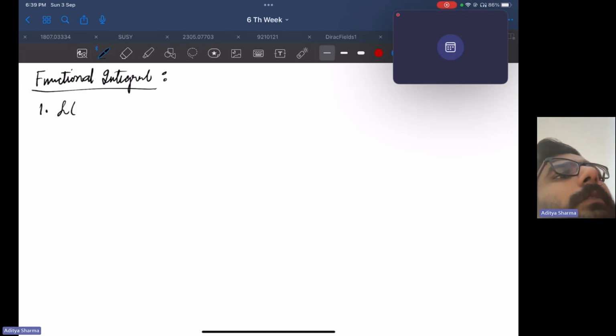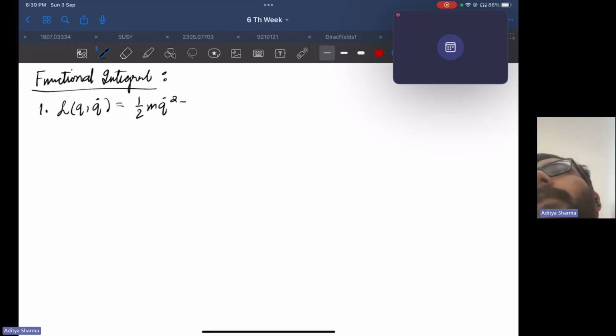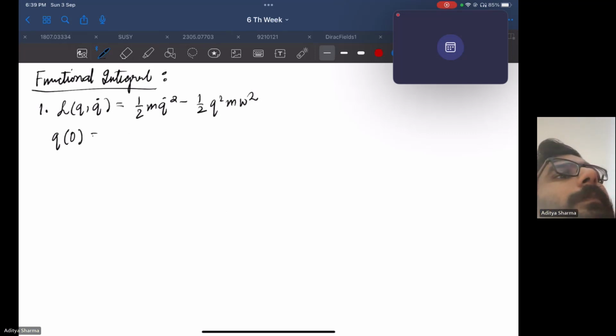The Lagrangian is half m q dot square minus half m omega square q square. Okay. And the boundary conditions given to us are q of 0 is equal to qi and q at some final time t is equal to qf.